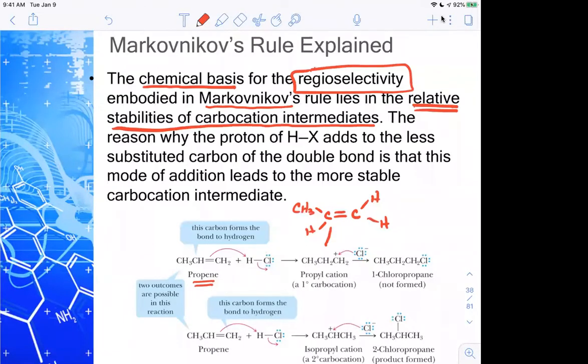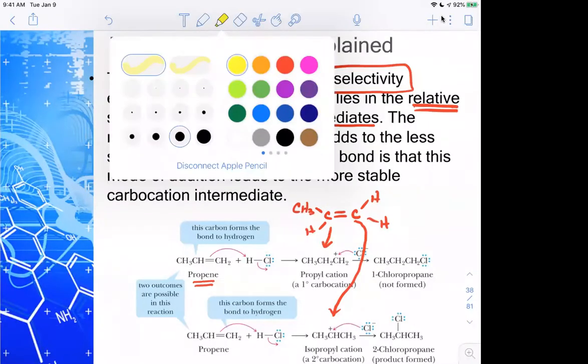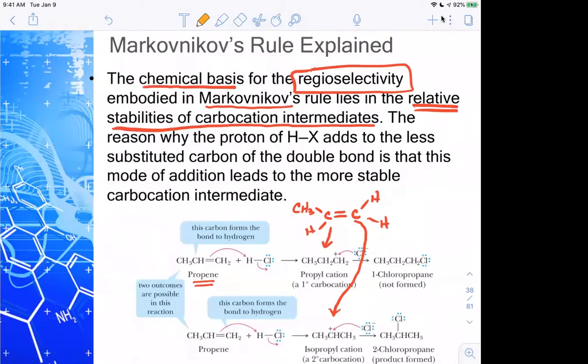I can either add the hydrogen in this direction, and what I get there is this carbocation.